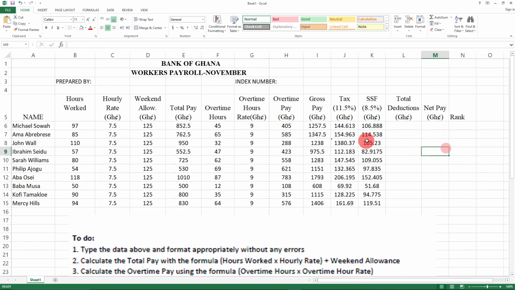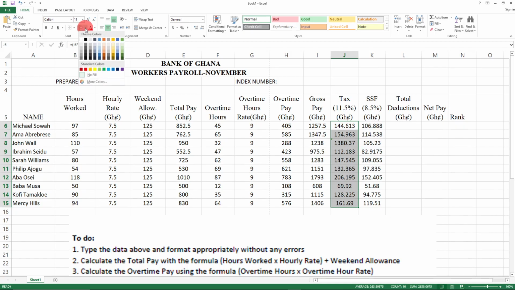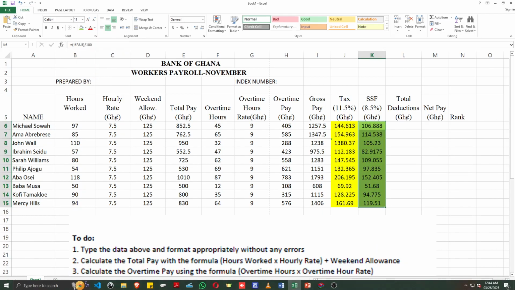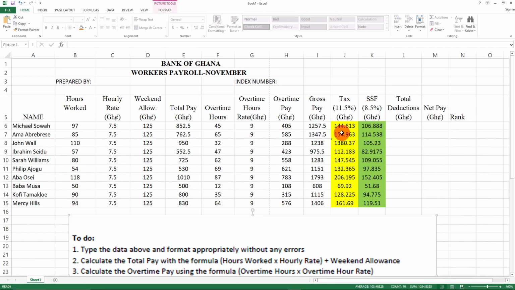Okay, let me use different colors. Let me use this one for this and this. So we should sum this to get a total deduction.